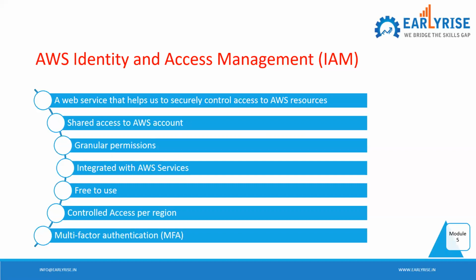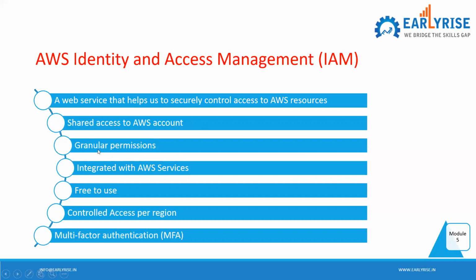It's not like one person is accessing and no other person is able to access. I can create a particular username for that person, so that person will be accountable for that username and password credential. That is shared access to the AWS account.